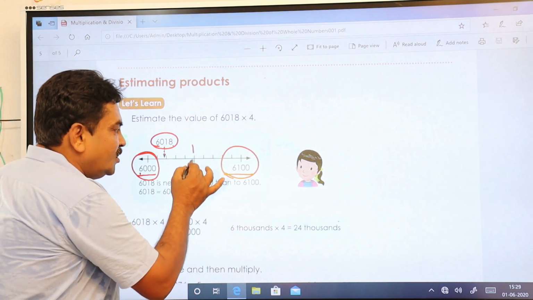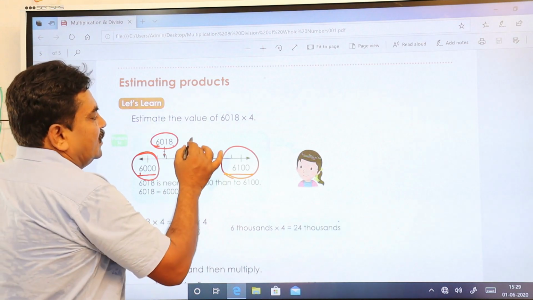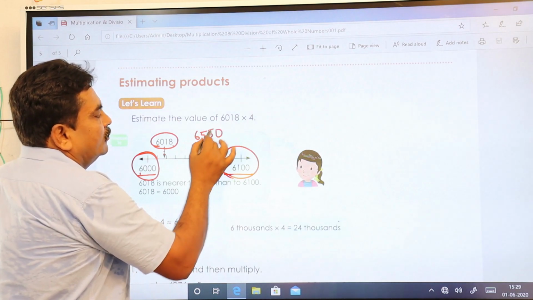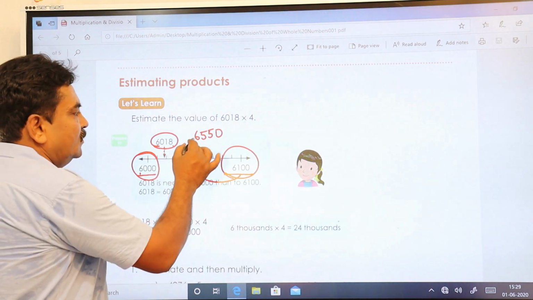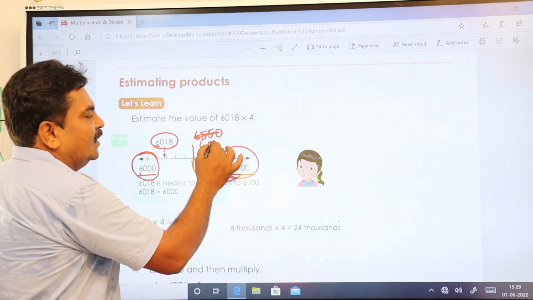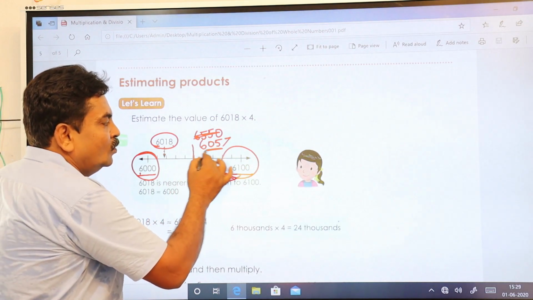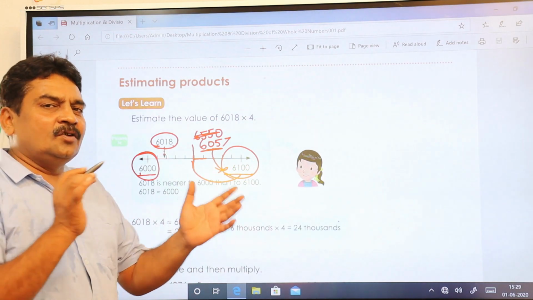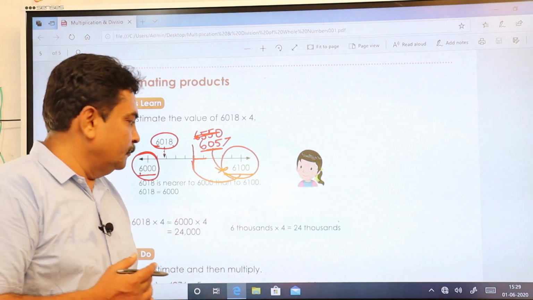When it crosses the middle value, suppose it is 6057 or something, then it is closer to 6100, not 6000. That is called estimation to its nearest value.